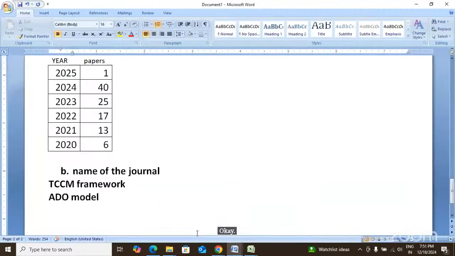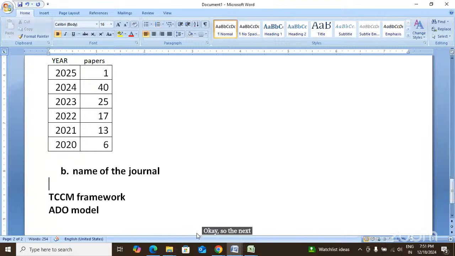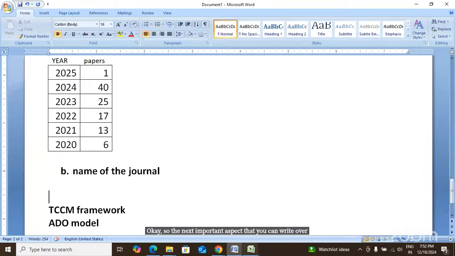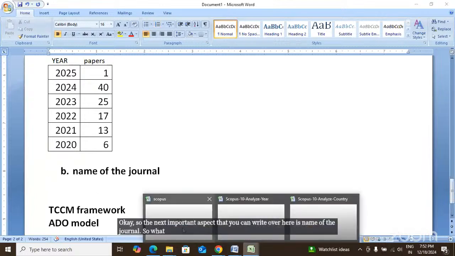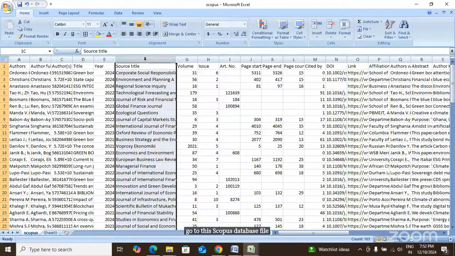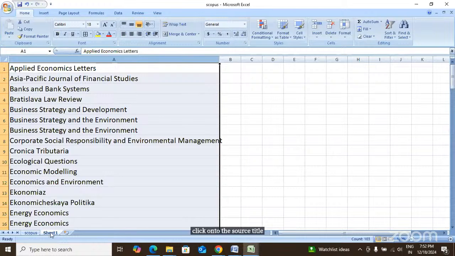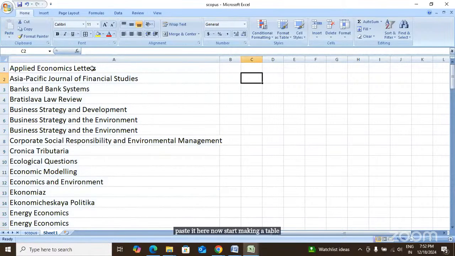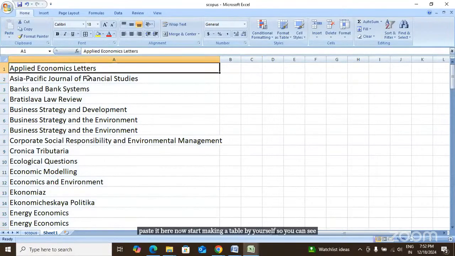Okay. So the next important aspect that you can write over here is the name of the journal. How do you do that? I told you, go to the Scopus database file, click on the source title, and paste it here. Now start making a table by yourself. This is the first journal.